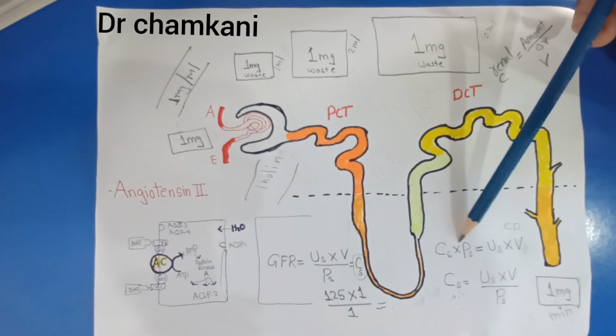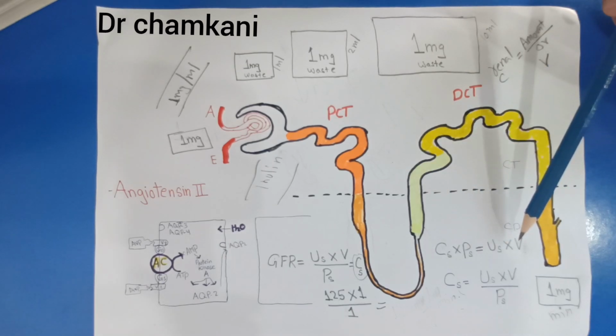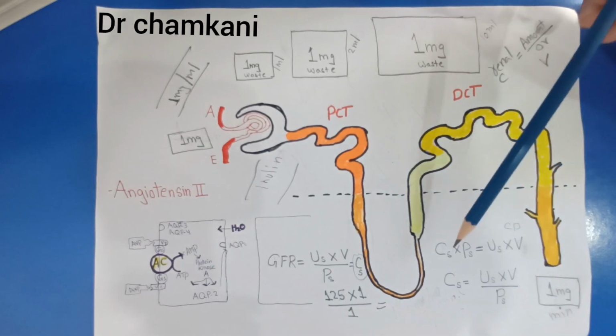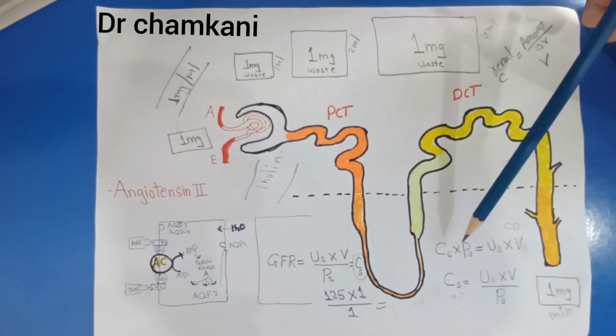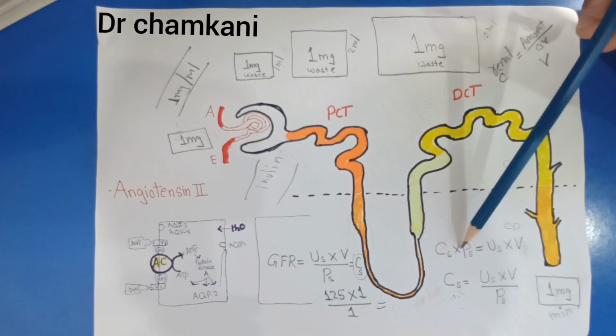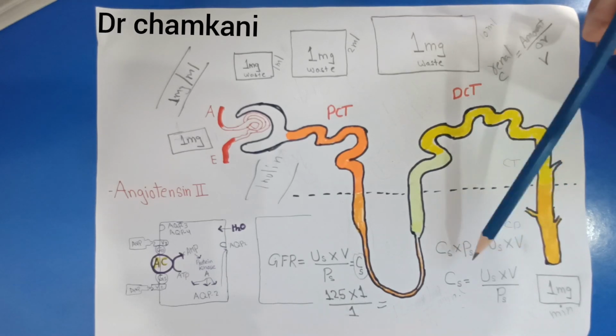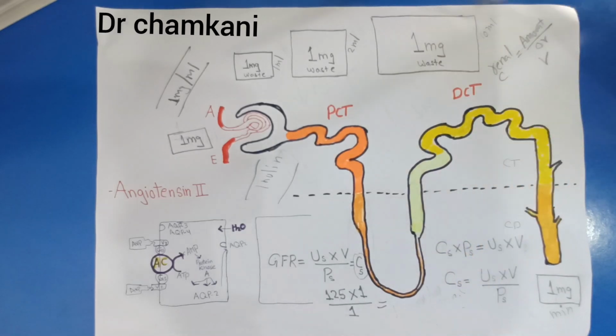U for urine, P for plasma, C for clearance, and V for volume of urine. Now this equation is used to calculate clearance, and by rearranging it, bringing the plasma concentration of the substance to the other side, we get the clearance of the substance.